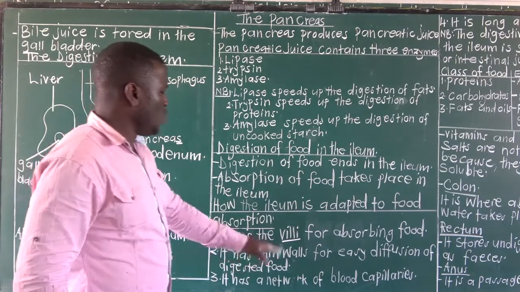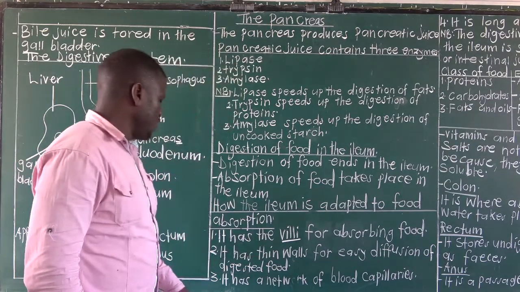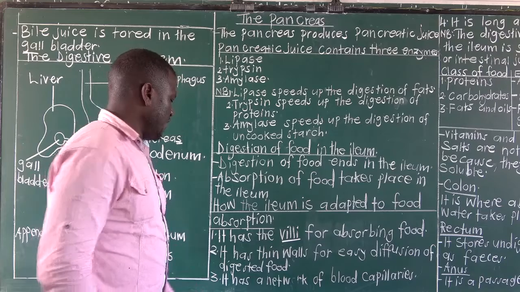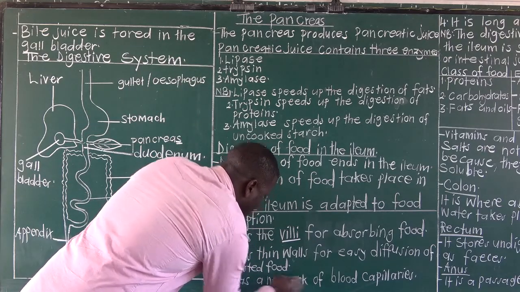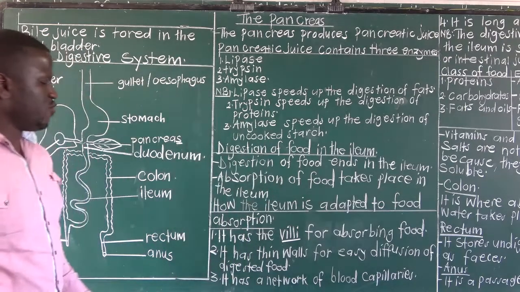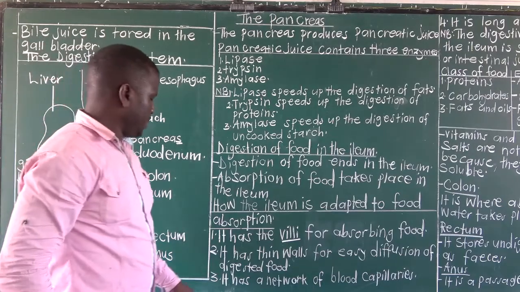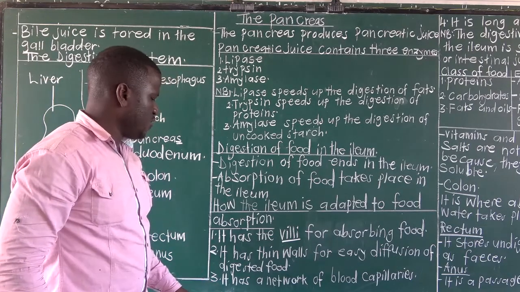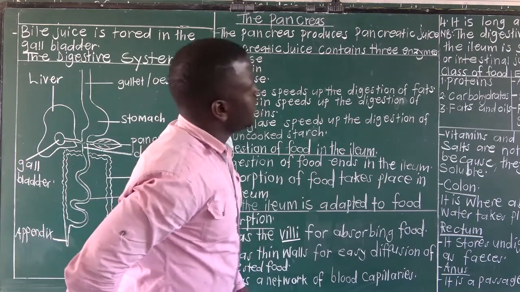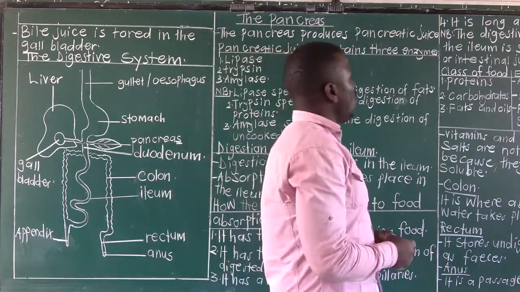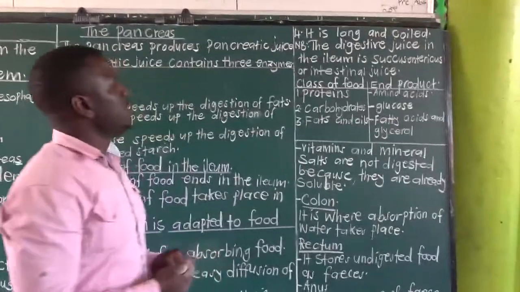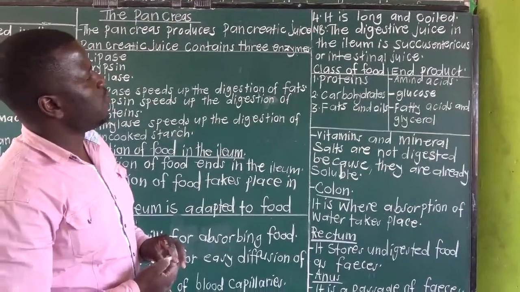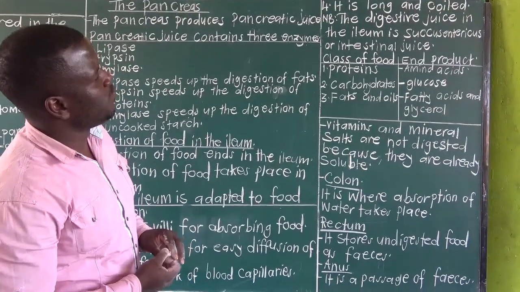Then it has a network of blood capillaries. Then number 4, it is long and coiled, to increase surface area for absorption of digested food.